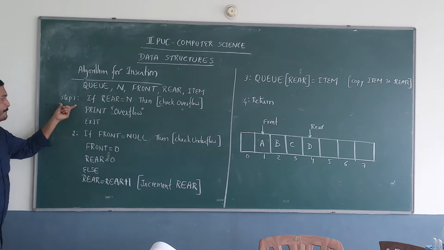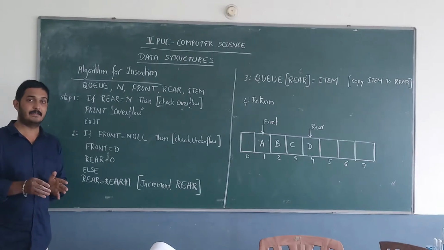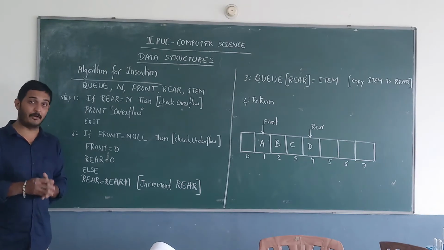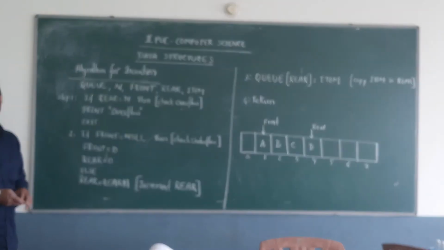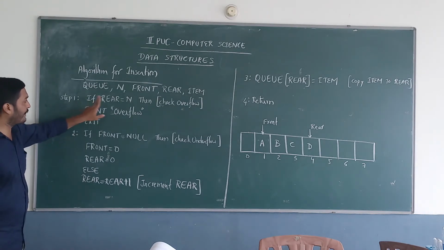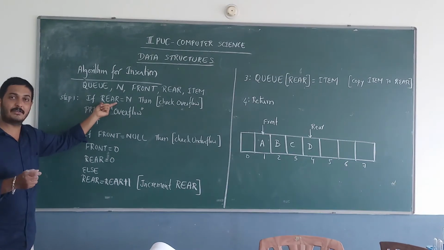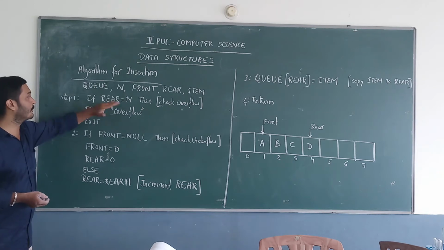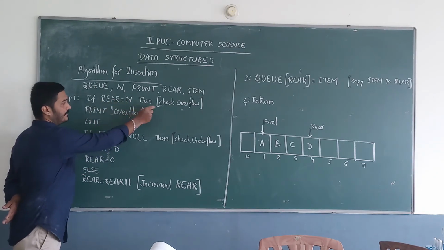Okay. Next, step 1. Whenever you are going to insert an element, first we have to check whether the Q is full or not. If it is full, if it is in overflow condition, then it's not possible to insert a new item. Here we are checking if rear equals n, then check overflow.